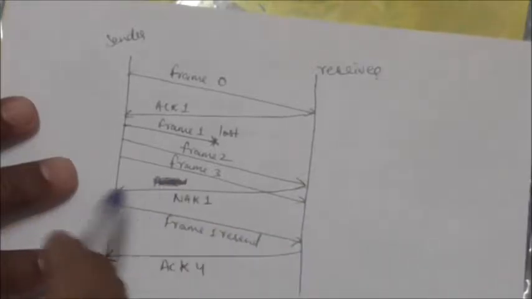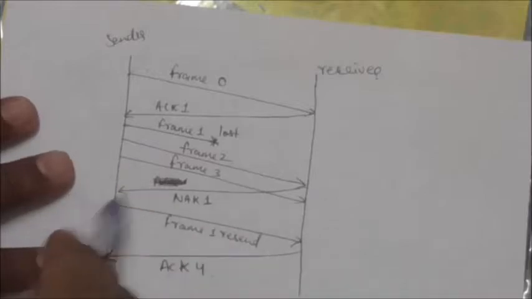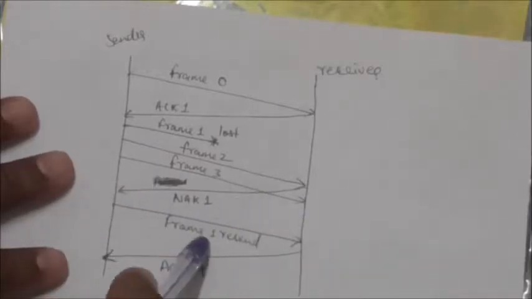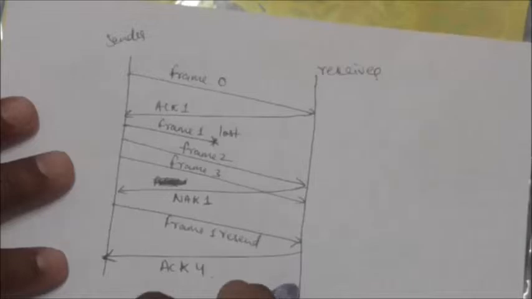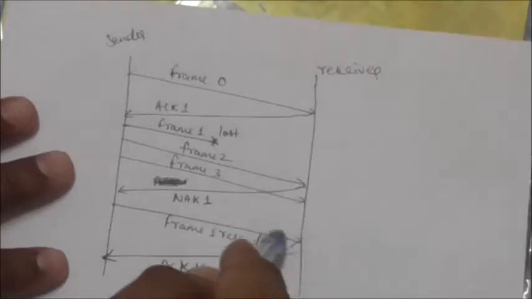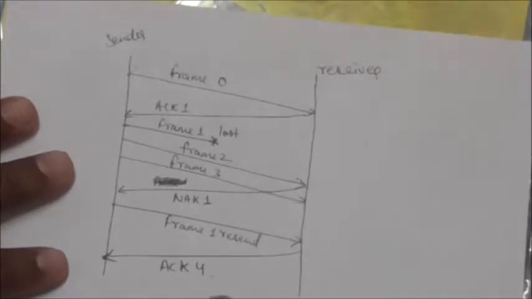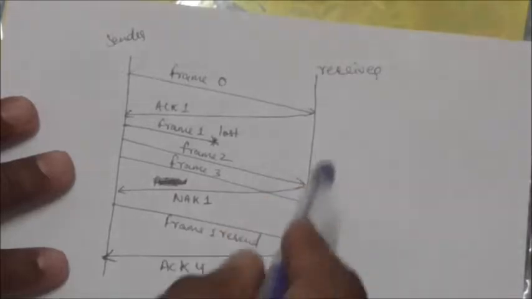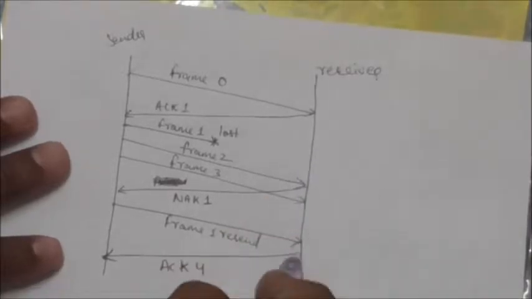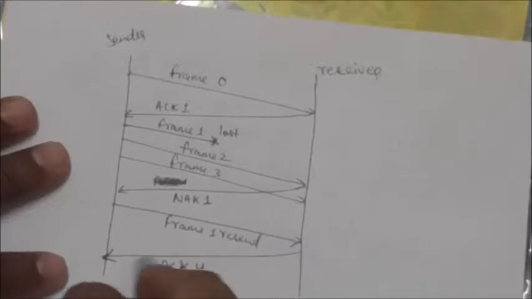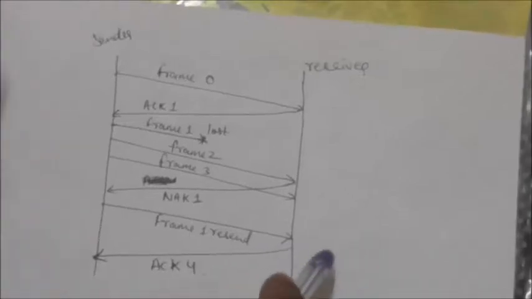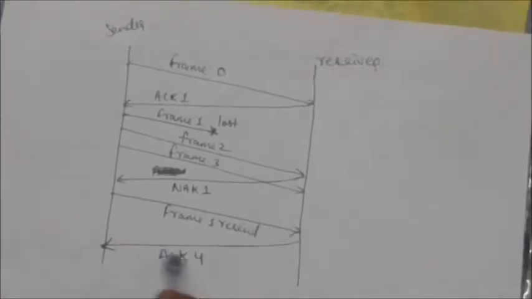Now what happens when the frame with sequence number 1 arrives at the receiver? The receiver will receive it, and now the receiver will send the acknowledgement with acknowledgement number 4.